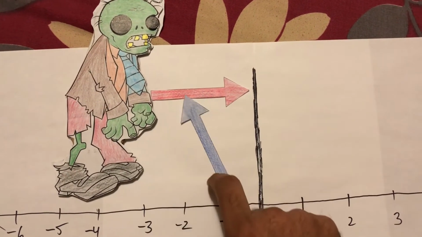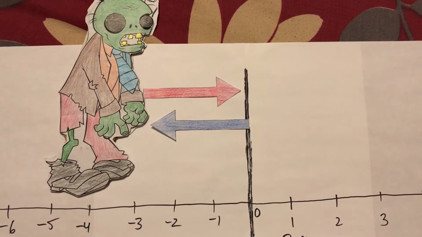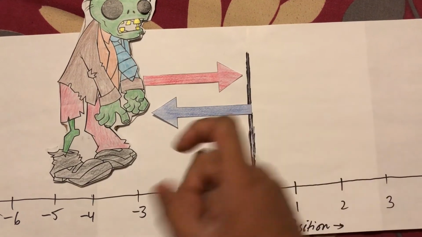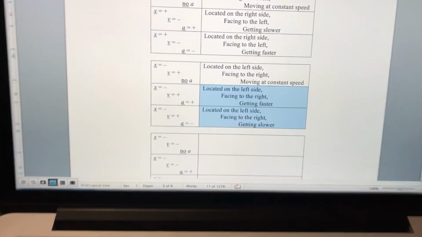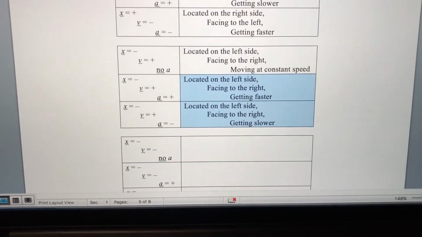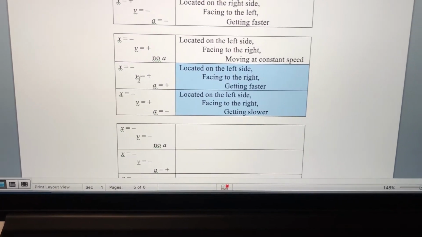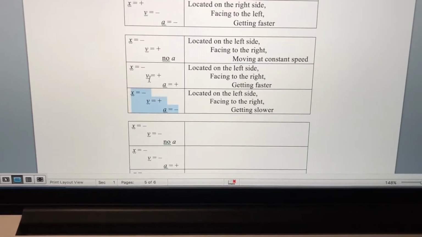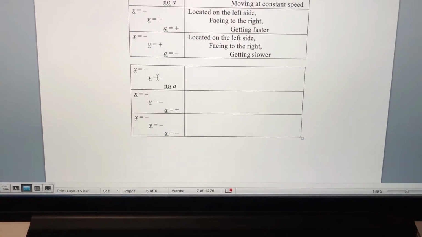But if the acceleration was negative, that would make it get slower since they don't support each other. You're pushing it against its motion. So these two, still located on the left side, still facing to the right, but you're either getting faster or you're getting slower.